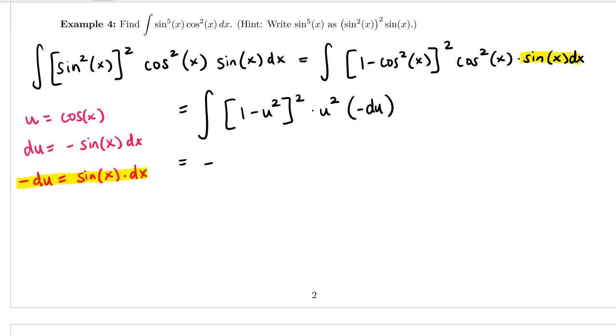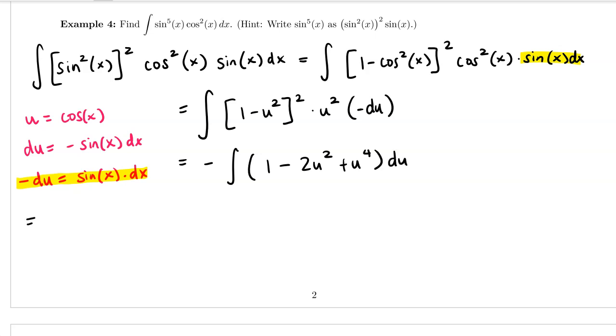I'm going to go ahead and factor out the negative sign, and if you expand out the integrand, so if you square or FOIL 1 minus u squared times 1 minus u squared and then distribute in the u squared, you should get that your expanded polynomial is 1 minus 2u squared plus u to the 4th power du.